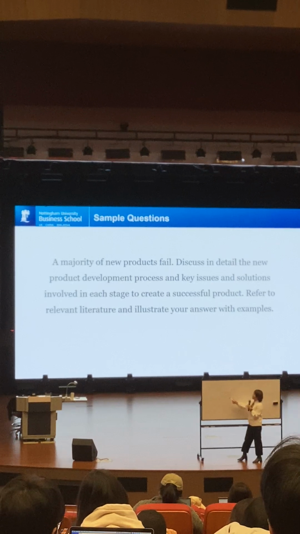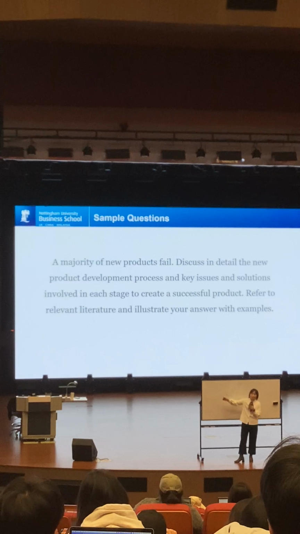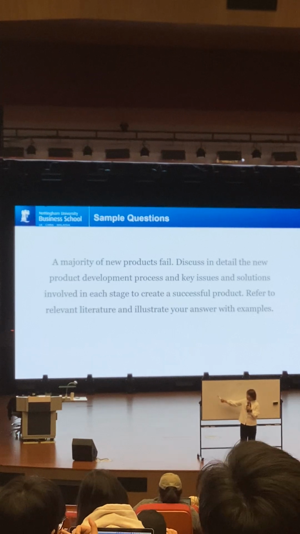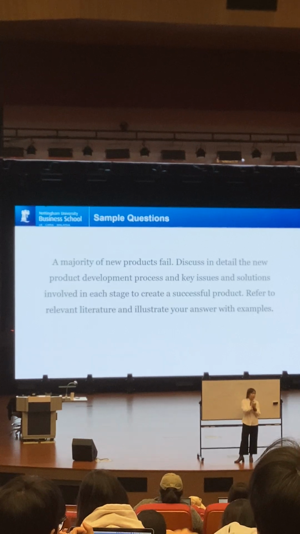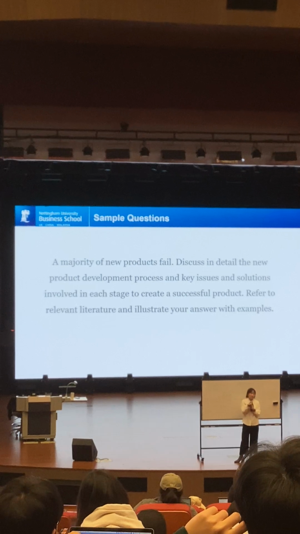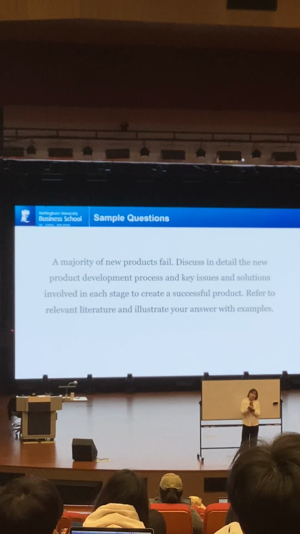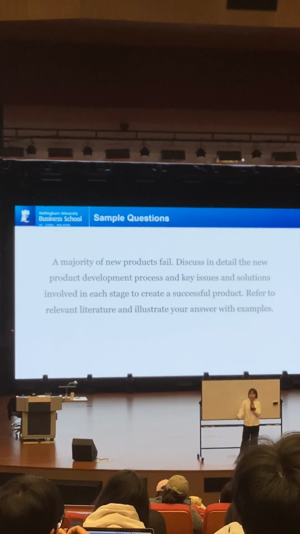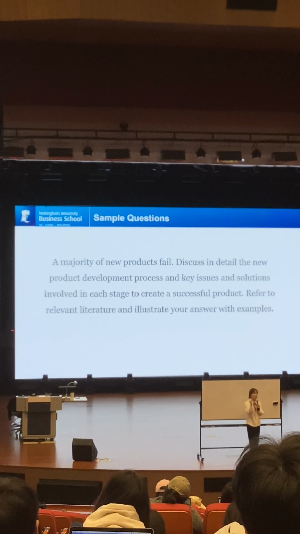And in my experience, in the past few years, this has been one of the final exam questions. A lot of students, believe me, miss at least one component of this question, okay? So that's why I would encourage all of you to at least list out or draft a little bit before you answer this question.